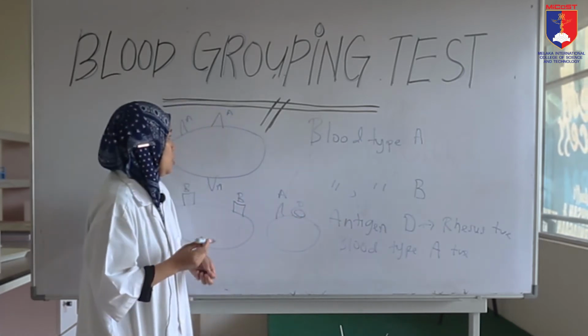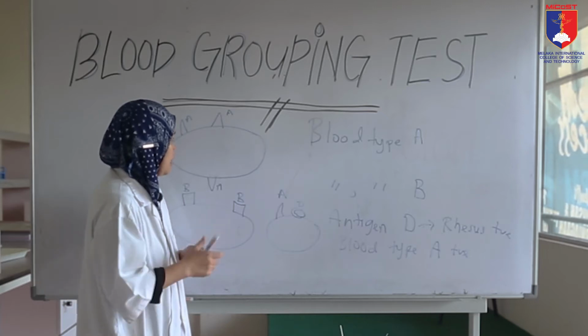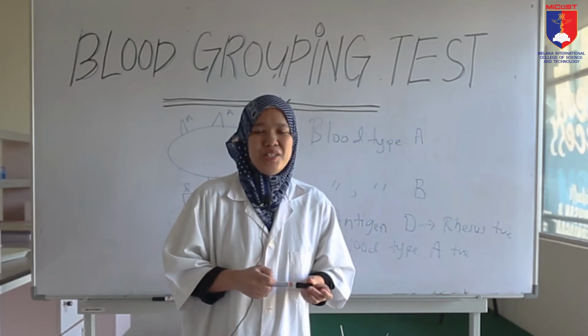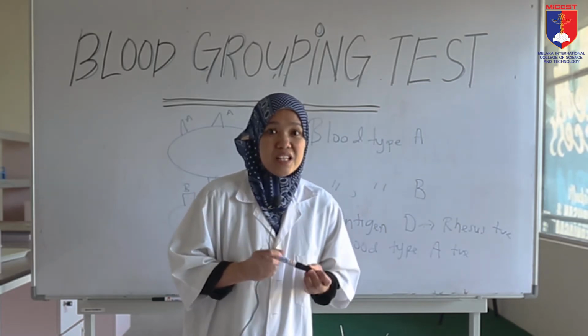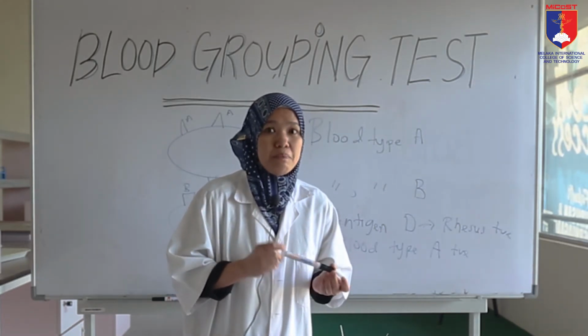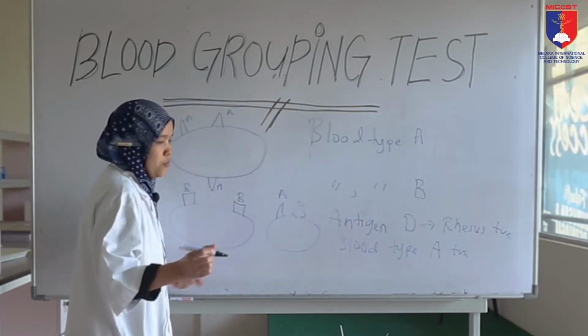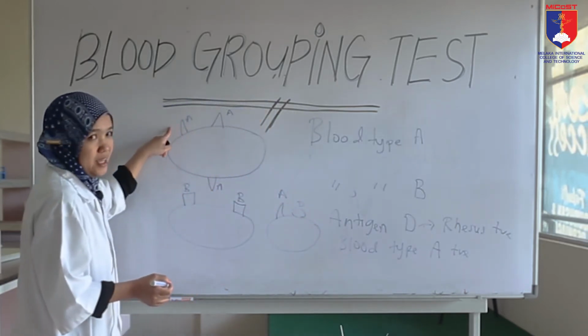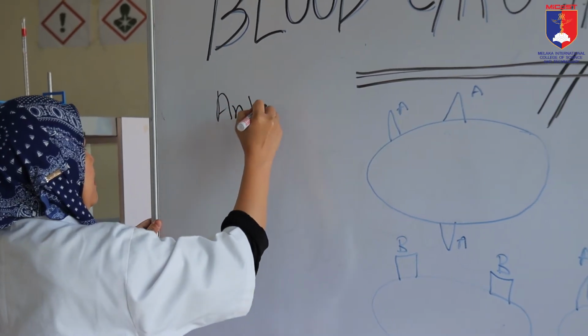So how do we detect this antigen? We use antibodies to detect the presence of antigens on our RBC. To detect antigen A, we will use anti-A antibody.